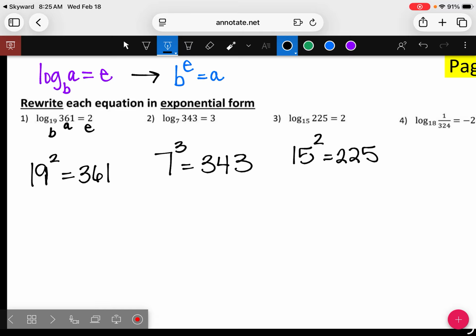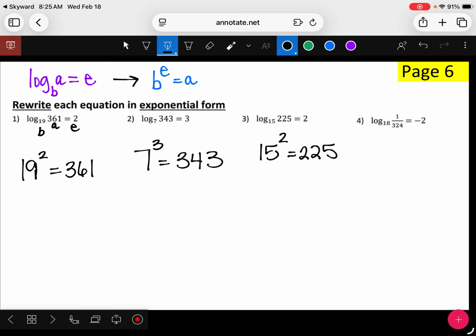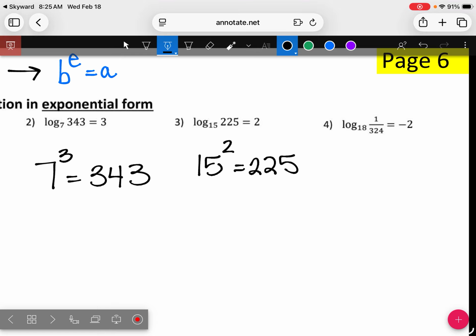And Jada, what would you do for 4? Perfect. Any questions about how we did our rewrite?